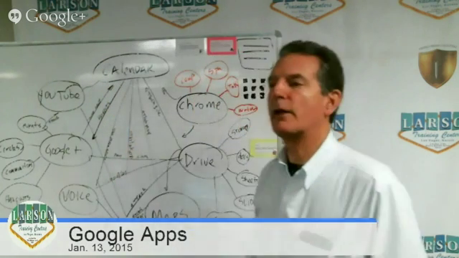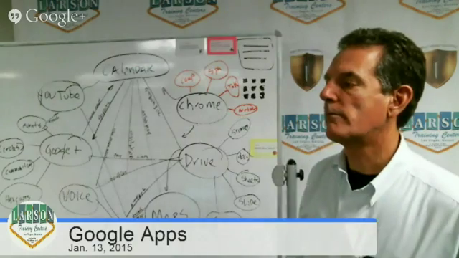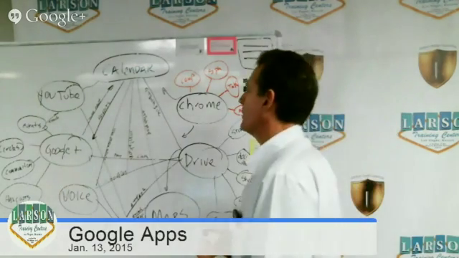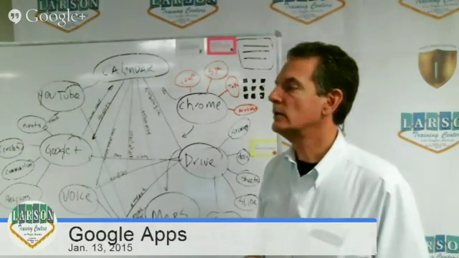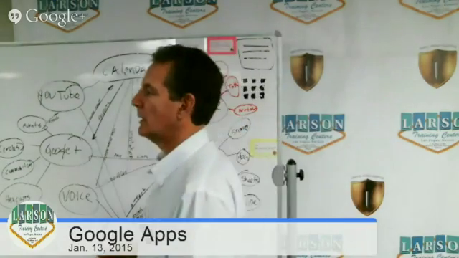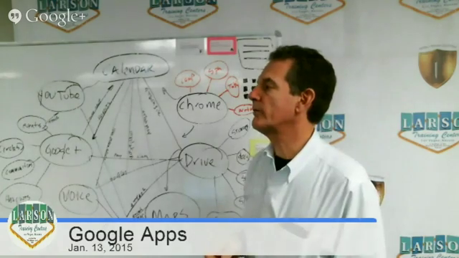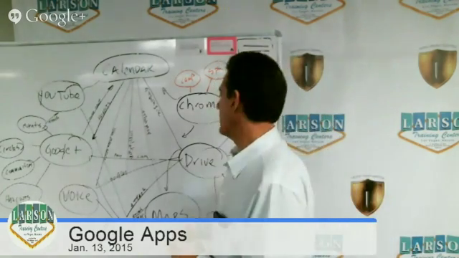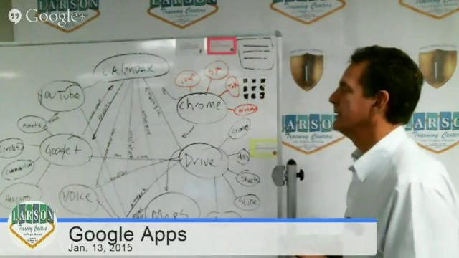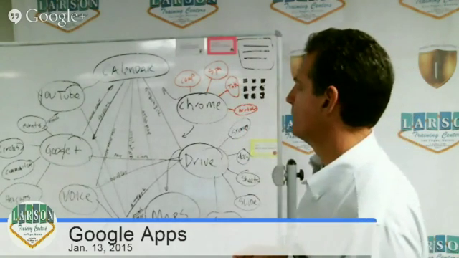Now explain Android for all of us. Well, Android is just the operating system for mobile devices. It's not the same as Chrome. You can run Chrome in your smartphone, but Android is the operating system that Google has for smartphones, tablets, and mobile devices.